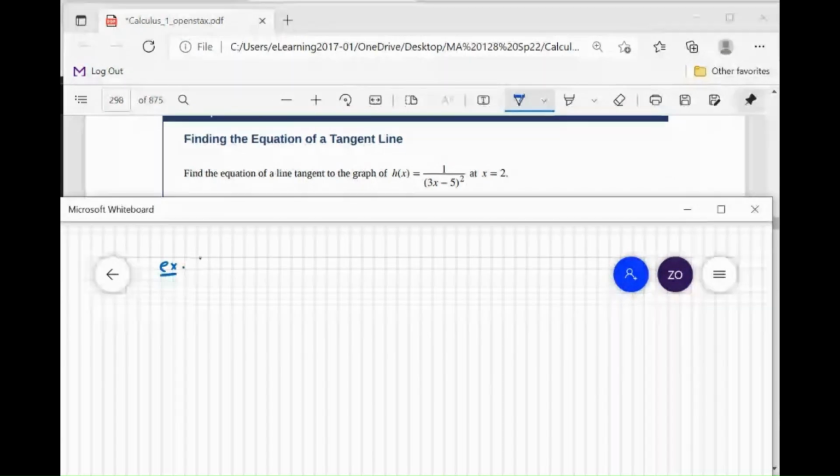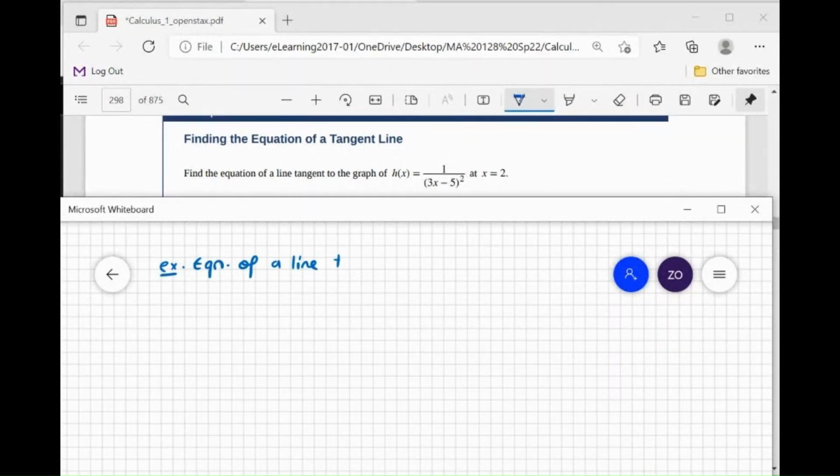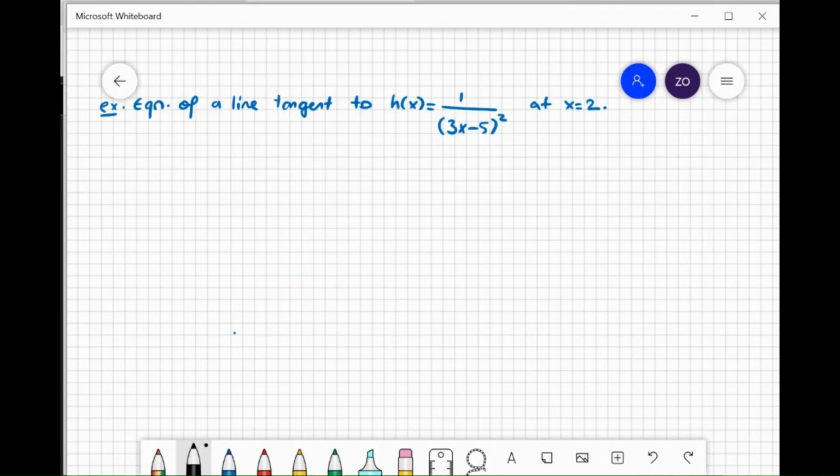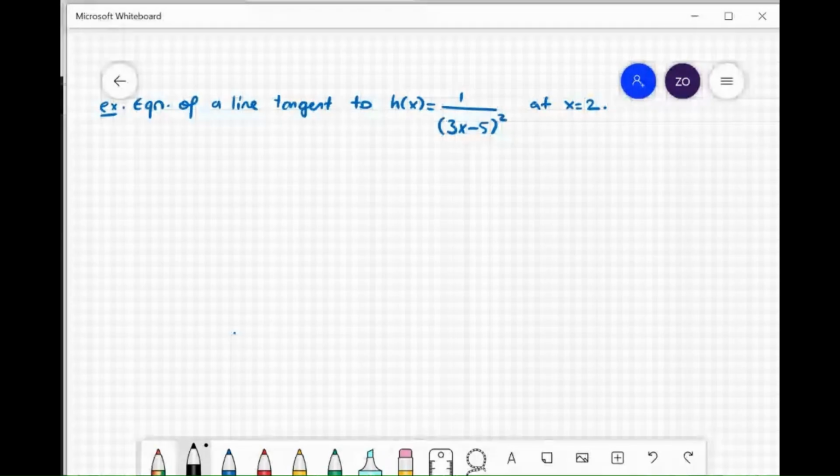Let's find the equation of a line that is tangent to the graph of h of x, which is this function, at x equals 2. How do you find the equation of a line that is tangent to h of x at x equals 2?